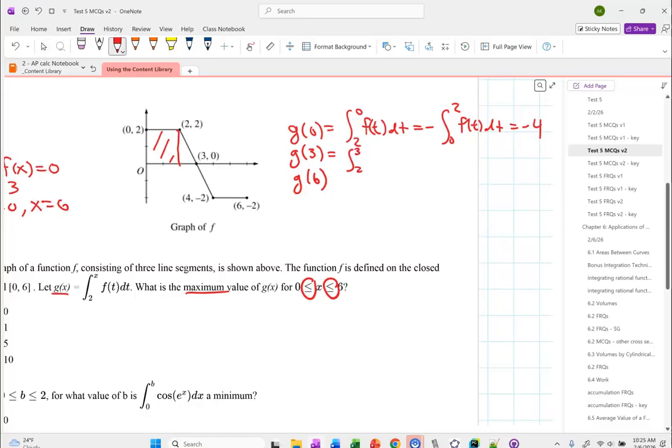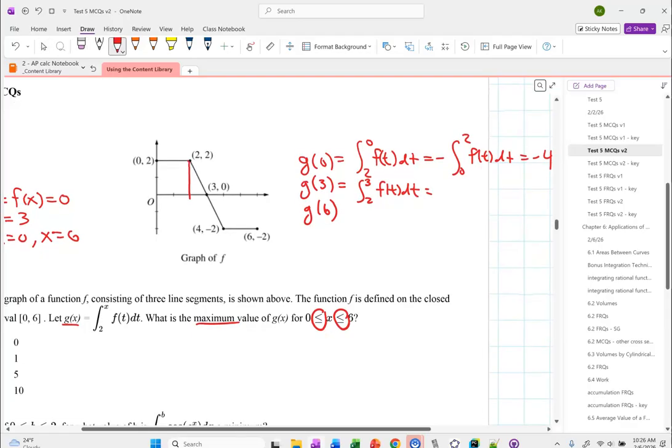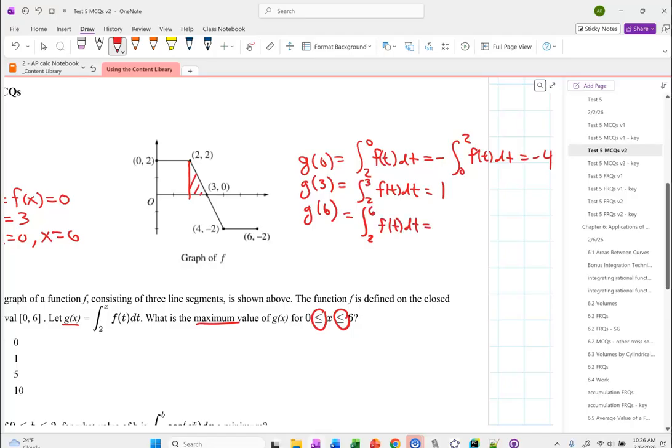So here we're going from 2 to 3. There, we are small to big, right? So I'm just looking for this area. 1/2 base times height, because it's a triangle. And then for g of 6, I'm looking for this area.